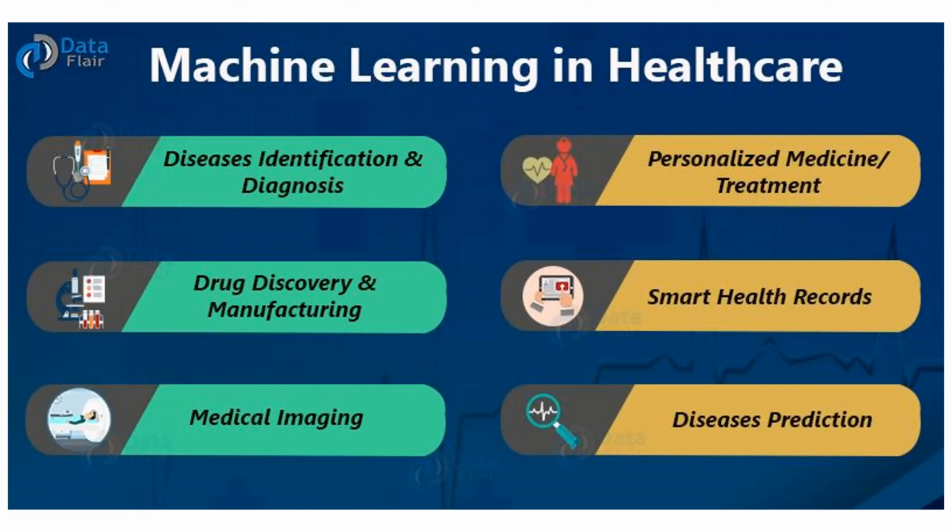Other than that, we can use it for smart disease prediction, keeping the history of the patient, which helps to predict diseases. We will be talking about some of this more in the next slides.